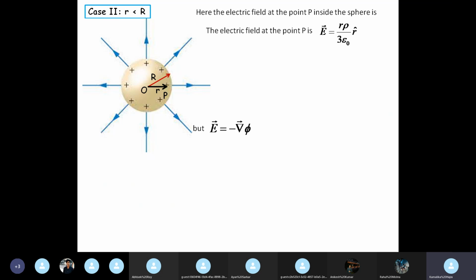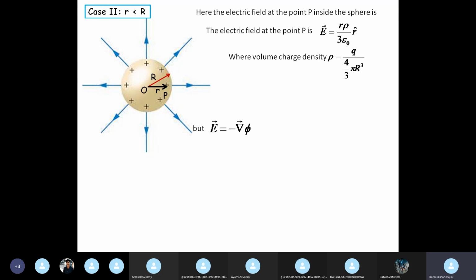Now, electric field at the point P, again I am using the result that we have obtained from Gauss's theorem of electrostatics, which, if you remember, those who have attended my classes, we have done elaborately. All the cases of application of Gauss's law we have done elaborately.